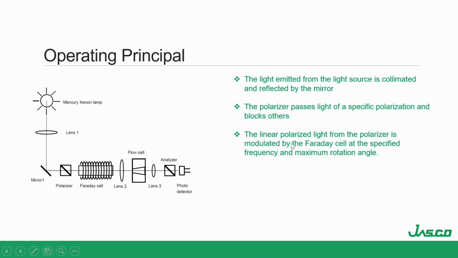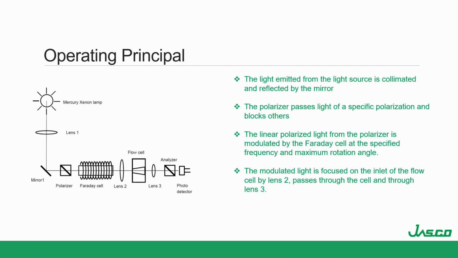The linear polarized light enters the Faraday cell at a specific frequency and maximum rotation angle. The modulated light is focused on the inlet of the flow cell by lens 2 and passes through the cell and through lens 3. And then finally, the light passes through the analyzer and is detected by the photodetector.